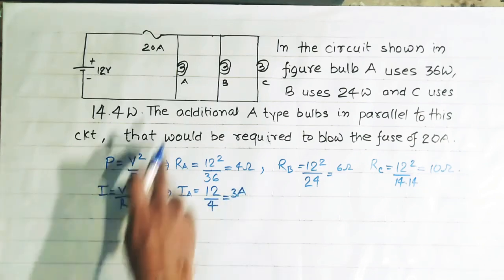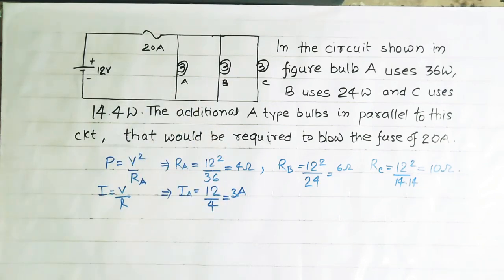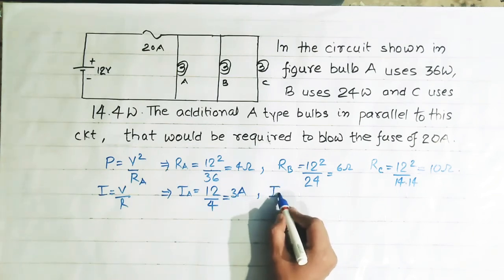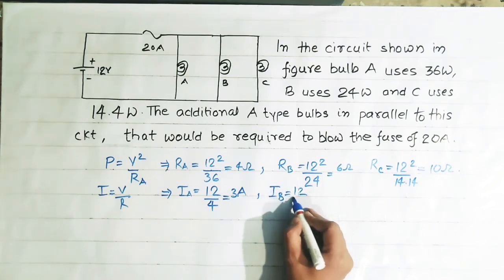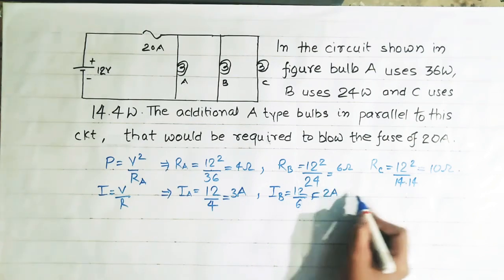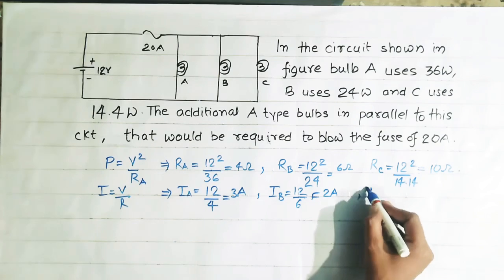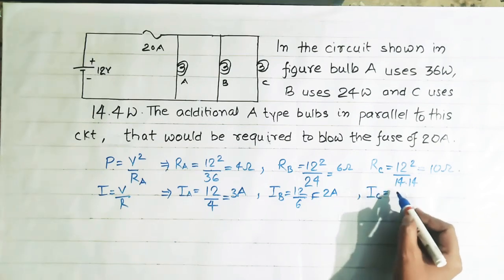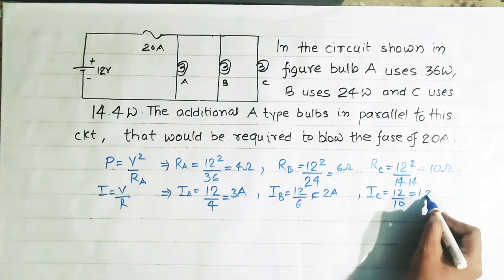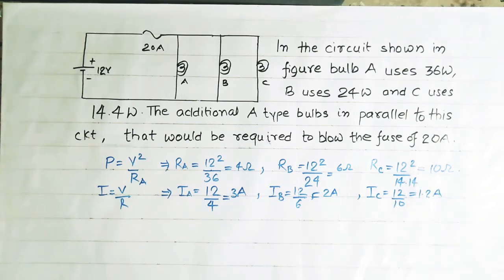It means bulb A takes current 3 ampere and bulb B takes current that is equals to 12 by 6, that is equals to 2 ampere. Similarly, bulb C takes current 12 by 10, that is equals to 1.2 ampere. Now these are the currents taken by all three bulbs.